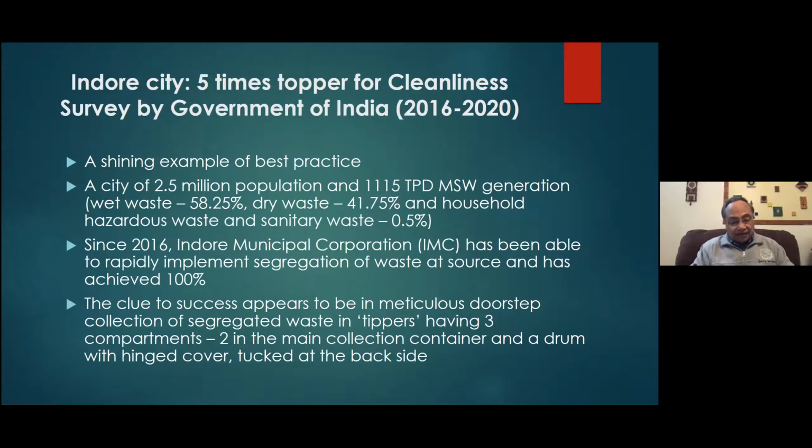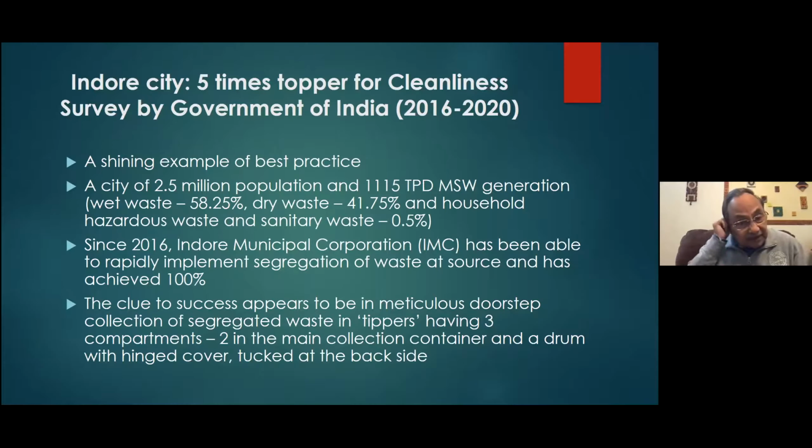Now, here I'll give you an example of a particular city in India. What happens in India is that the government, since 2014, has been carrying out a cleanliness survey, which in India is called Swachh Sarvekshan.